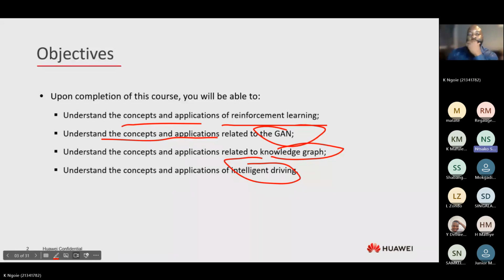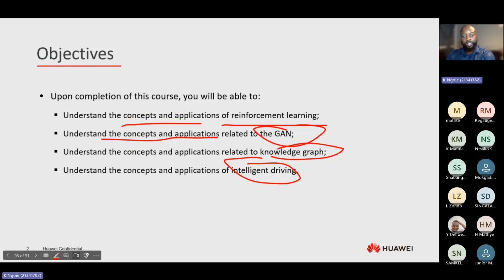I think reinforcement learning is, I don't know if I should say, teaching a machine. You either give it a reward or you punish it, something along those lines. Yes, you're right.